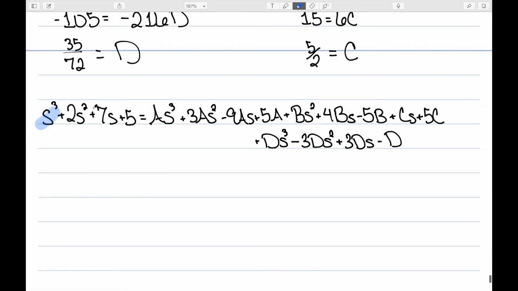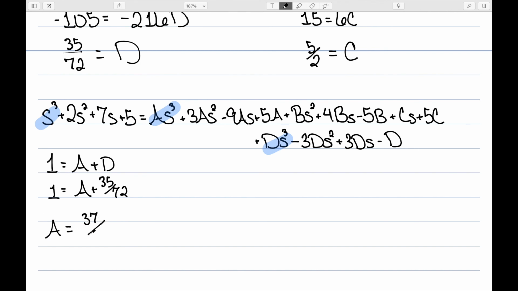From there, I'm going to look at my cubed terms. I have that 1 is equal to A plus D. I already know what D is. And that gives me that A is 37 over 72. I'm now going to look at my s squared terms. The left-hand side has a 2.